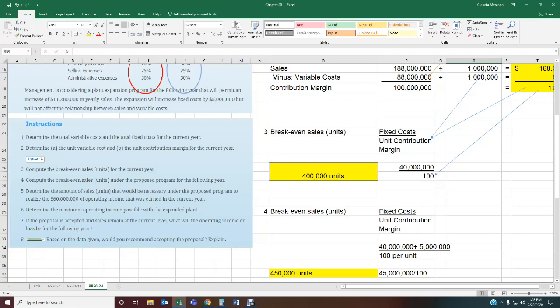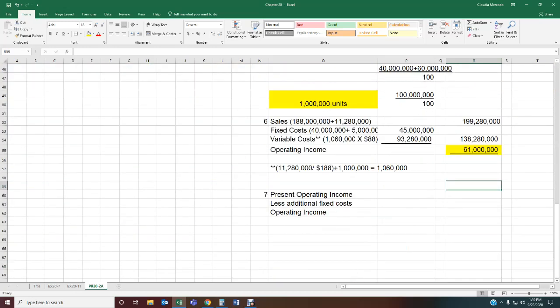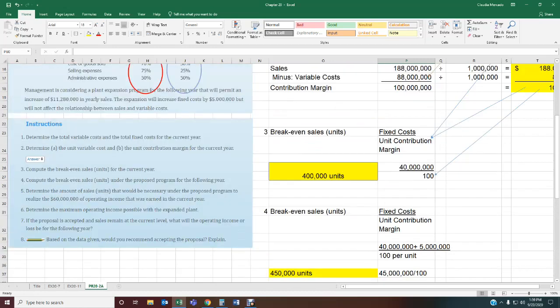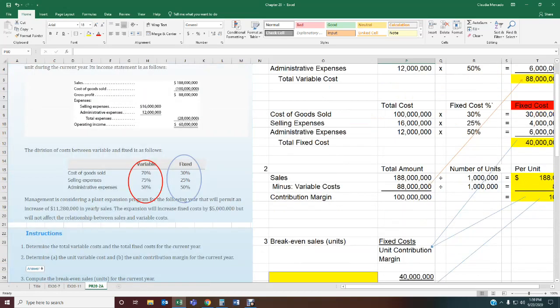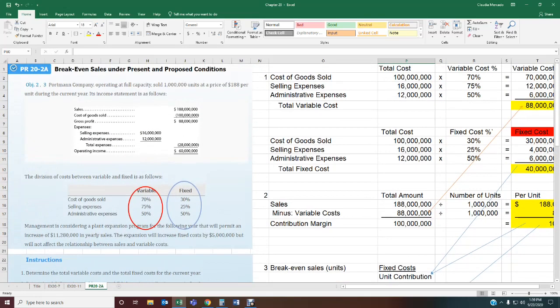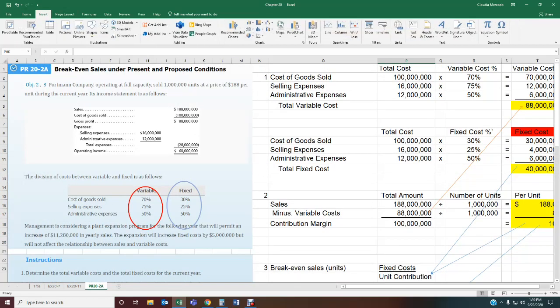We didn't sell what we had anticipated selling. So my present operating income. Your present operating income is right there. Okay, right here.